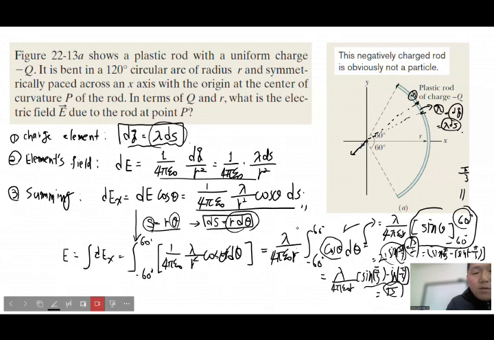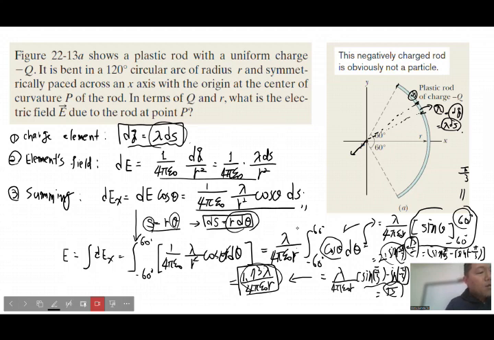Adding them together, that should be 1.37 times lambda over 4 pi epsilon naught r. That is the electric field magnitude at the origin P, at distance r from this arc-shaped line charge.